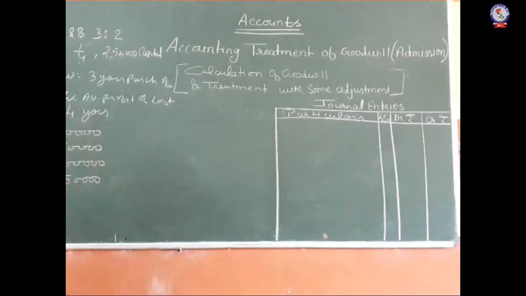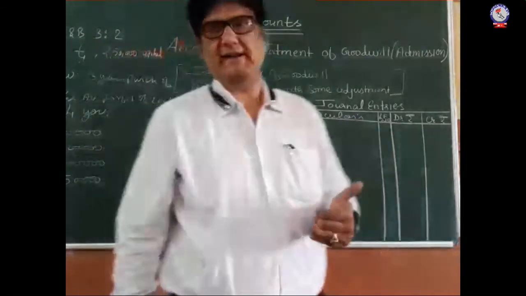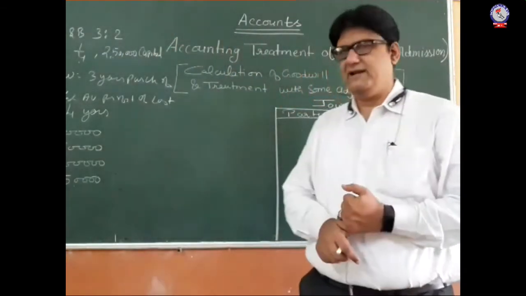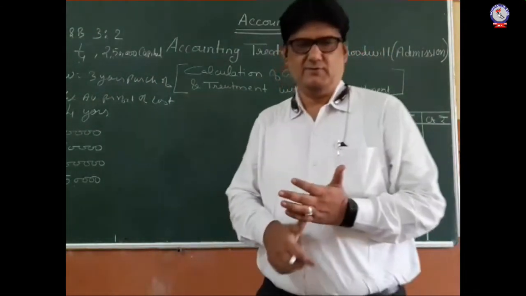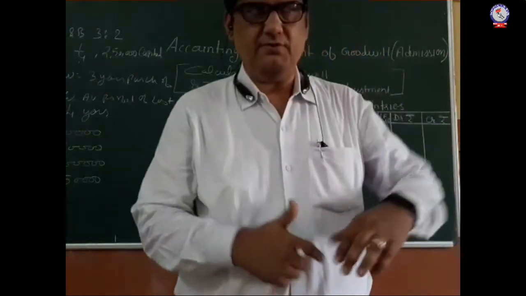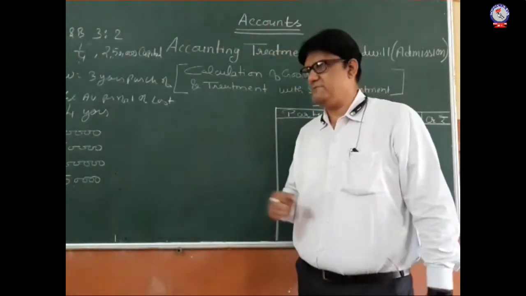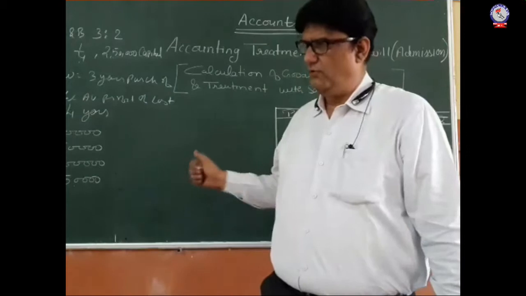So these are the profits of the 4 years: 2 lakh, 2,50,000, 3 lakh and 3,50,000. Now we have to calculate the goodwill on the basis of the average profit of the past 4 years.